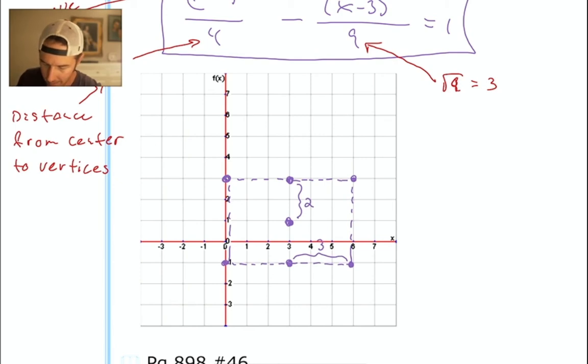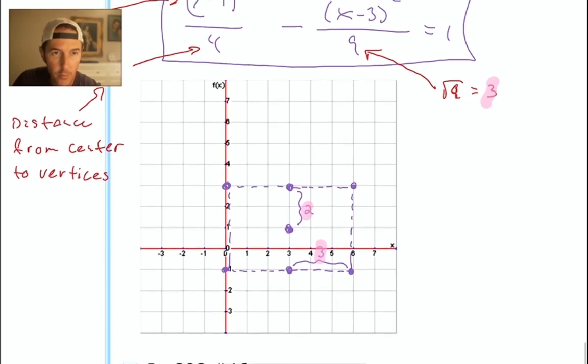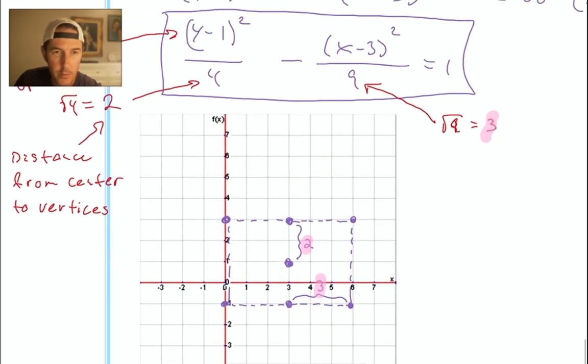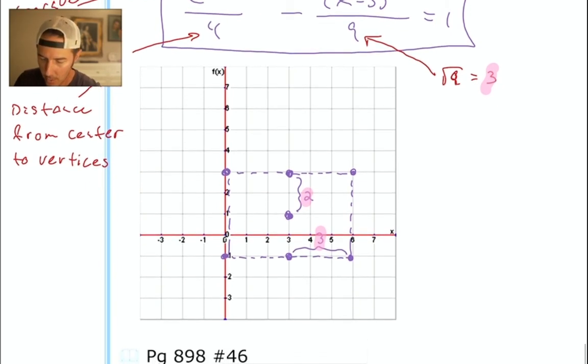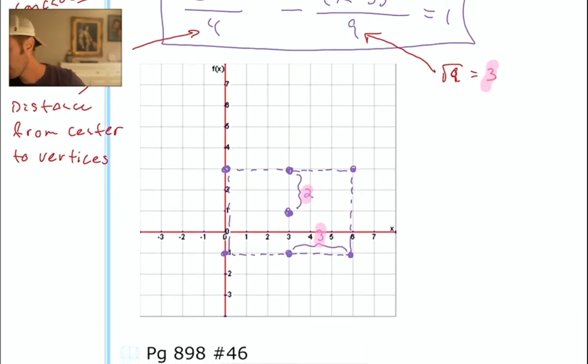And if you're a highlighter kind of person, you could highlight the 2 and the 3 and the 3, and the 2 is behind me over here. There it is. Highlight that 2, just so you can visually cue your eye to train your mind to know that that's where those are used in drawing the graph. And now we can draw asymptotes.